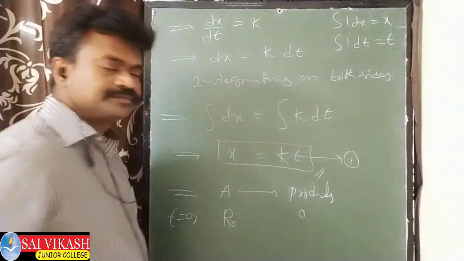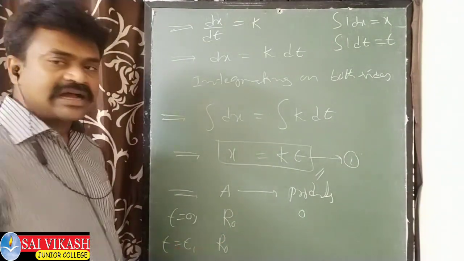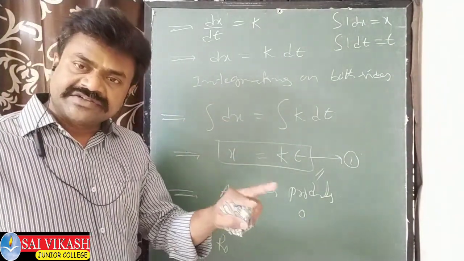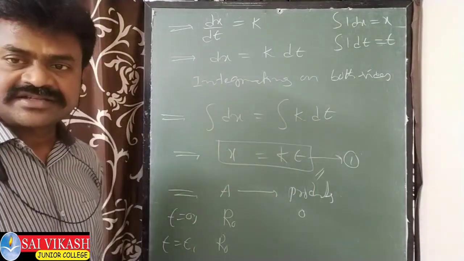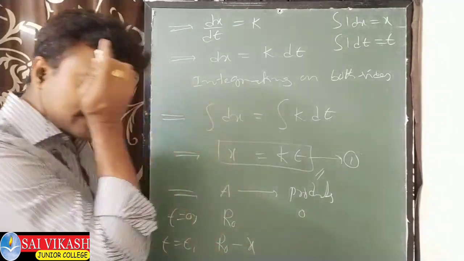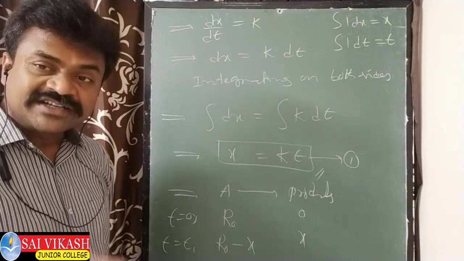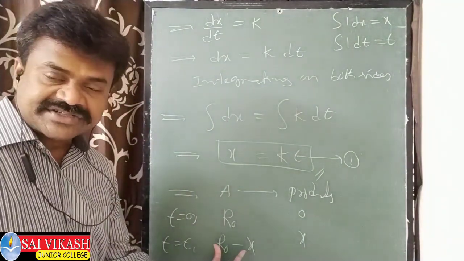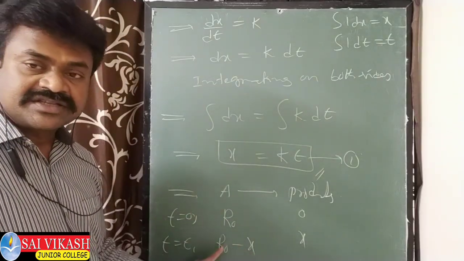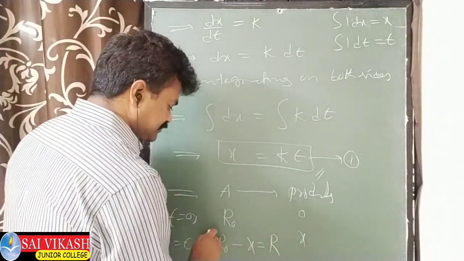So at time t, from the R naught, x is lost. The concept is same, but in different terms you get the final answer. Whatever the left concentration at time t, which is R naught minus x, they have considered as R.